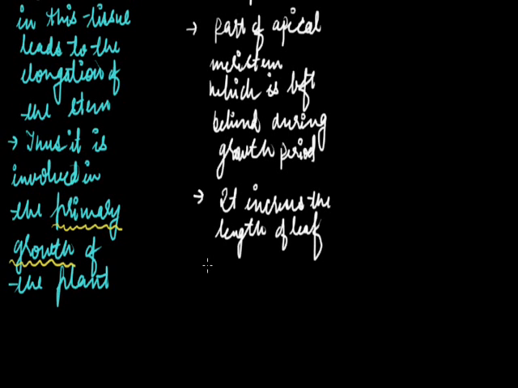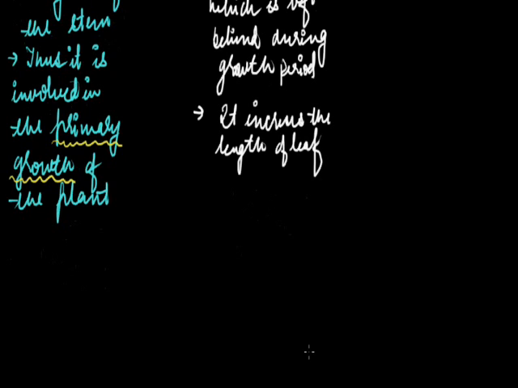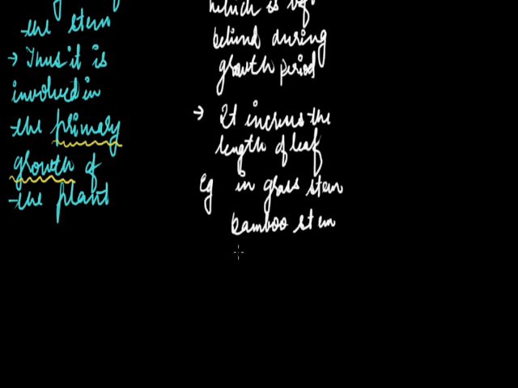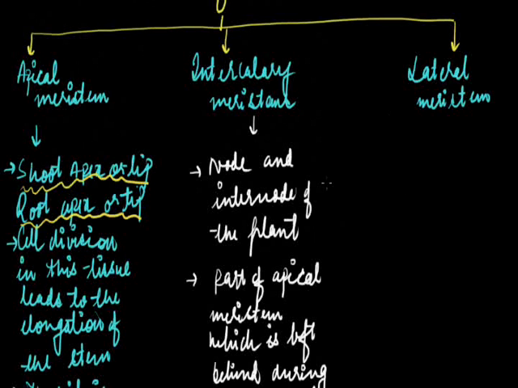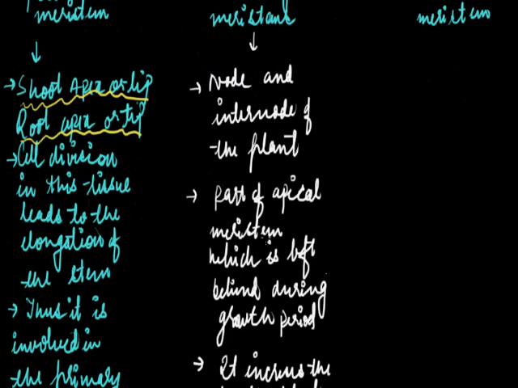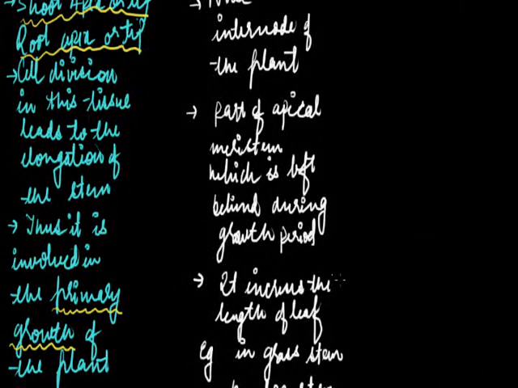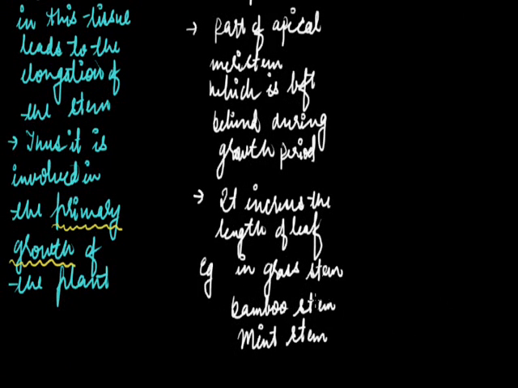Example, it is present in grass stem, bamboo stem and mint stem. So this was the intercalary meristem which is present at the node and internode of the plant. It is the part of apical meristem which is left behind during growth period. It increases the length of leaf as in grass stem, bamboo stem and mint stem.